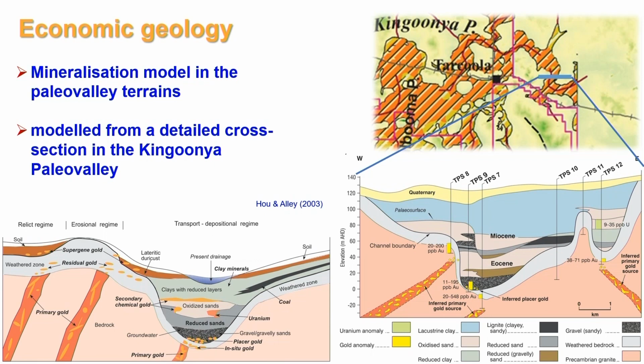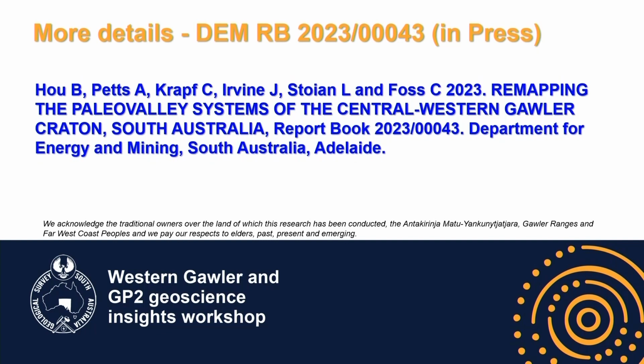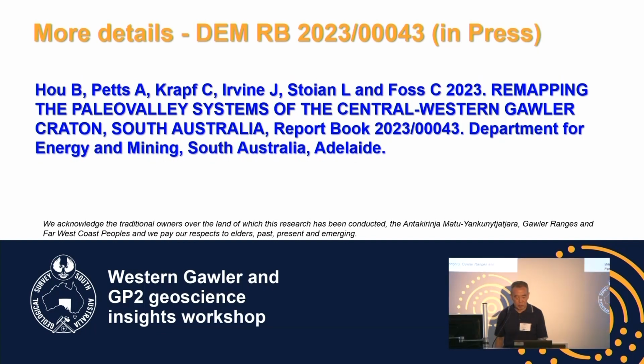So within this one section, you can summarize one model for whole paleochannel mineralization mapping, or whole paleochannel mineralization knowledge in this area, the GP2 area. All the more information you can find in the incoming report book.